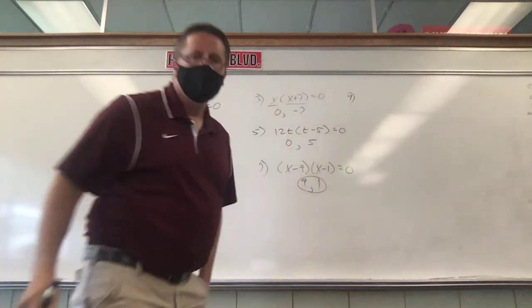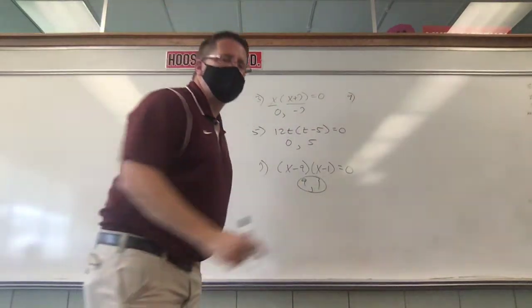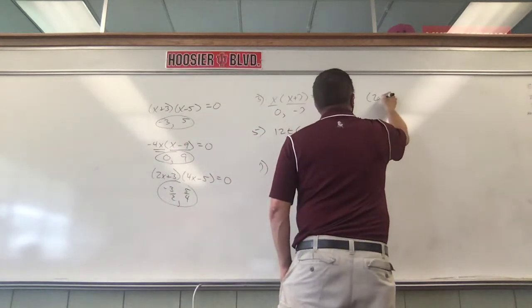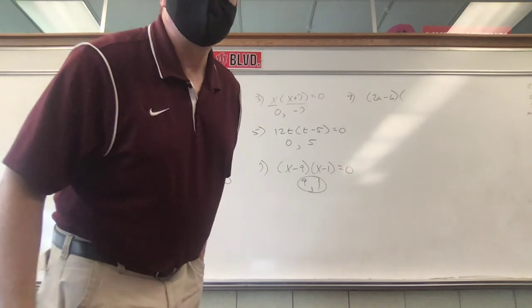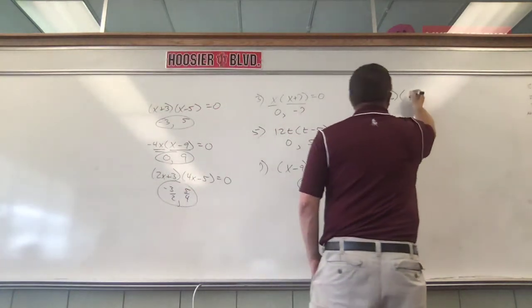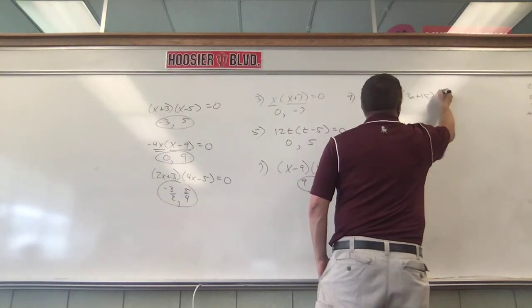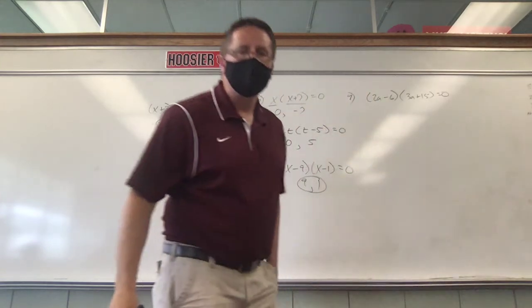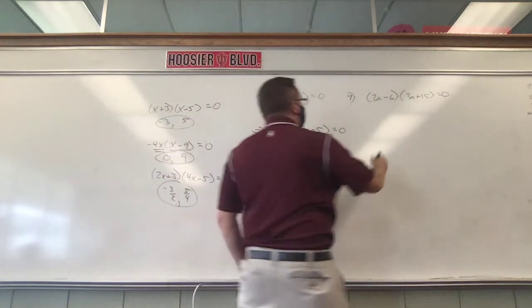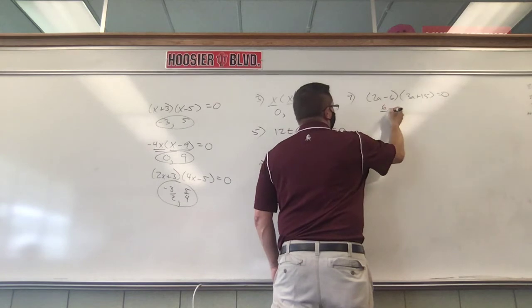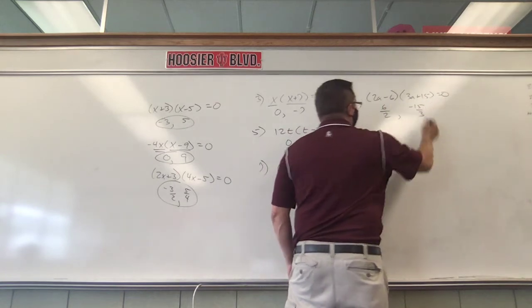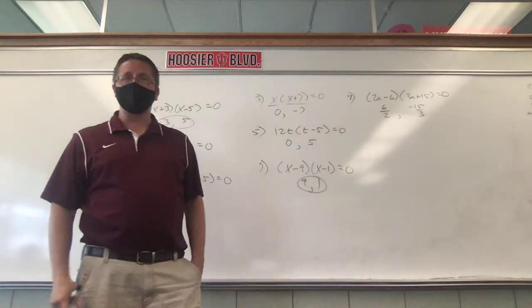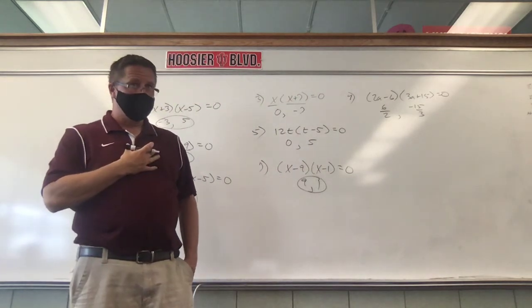Number 9. 2a minus 6 times 3a plus 15 is 0. This one is a little bit trickier. You've got to do a little bit of elementary school math, like 3rd or 4th grade math. It would be 6 over 2 and negative 15 over 3. If you type those in, the computer will probably mark you wrong, and I would take a point off, because that does simplify.